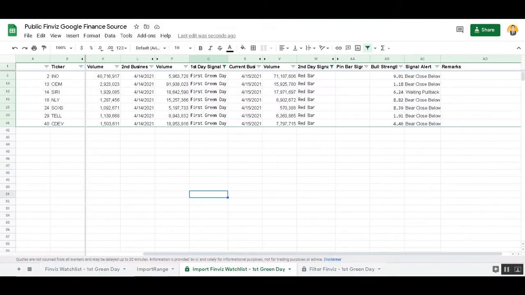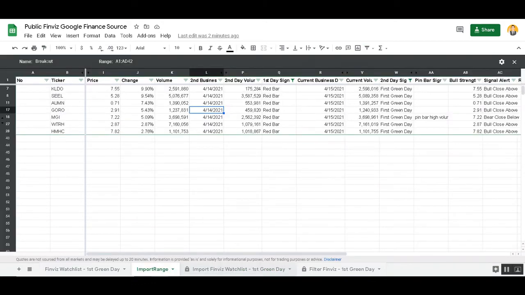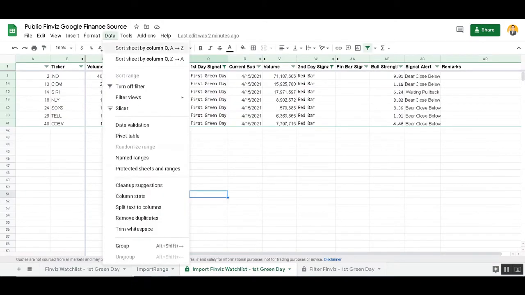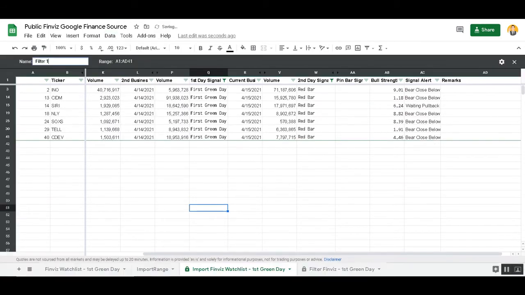Okay, I'm going to save this. I'm going to create a filter view and save this as pullback. Good.